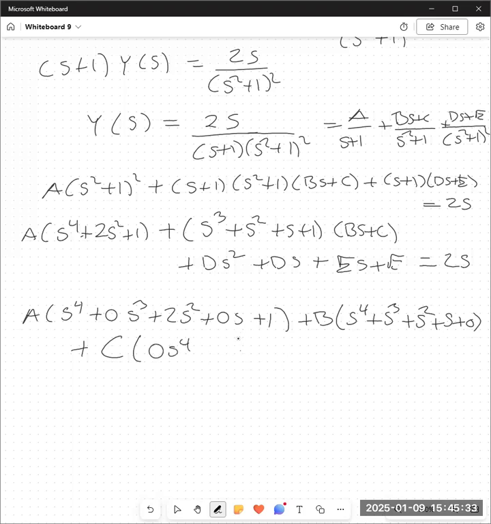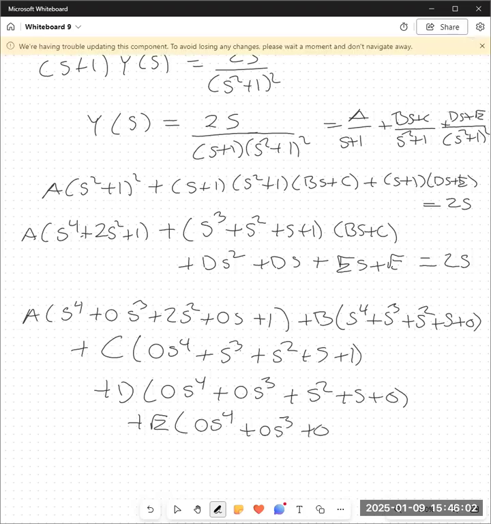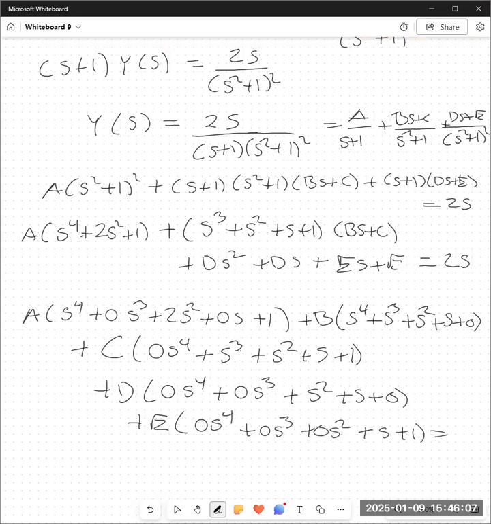So I should write for myself cubed plus s squared plus s plus 1 plus d times 0s to the fourth plus 0s to the third plus s squared plus s plus 0 plus e times 0s to the fourth plus 0s to the third plus 0s squared plus s plus 1 equals 2s.